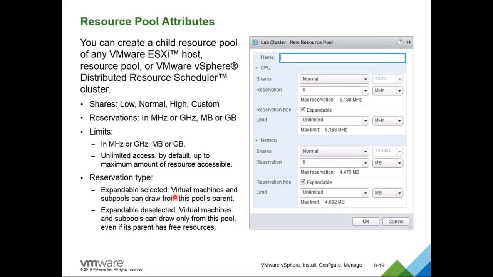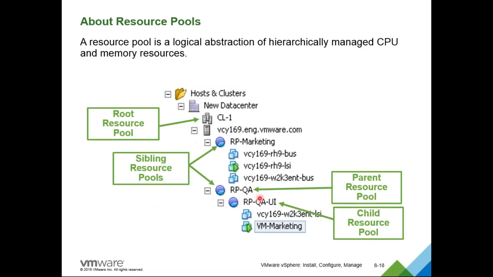Okay. So reservation types, you have two types: expandable selected and expandable deselected. With expandable selected chosen, virtual machines and subpools can draw from the pool's parent. In the sense, here you have the parent resource pool, and whatever resource is there needs to be consumed by your child resource pool.